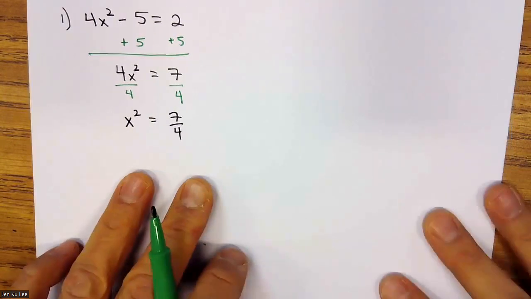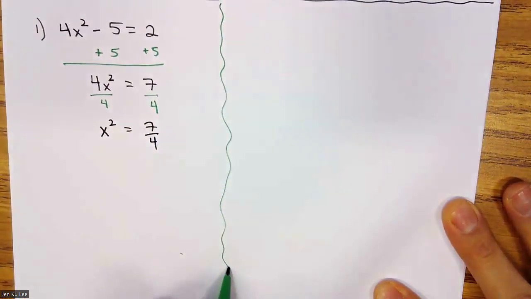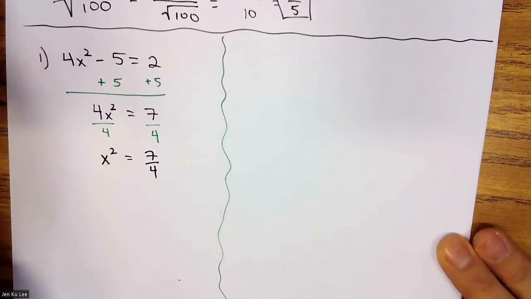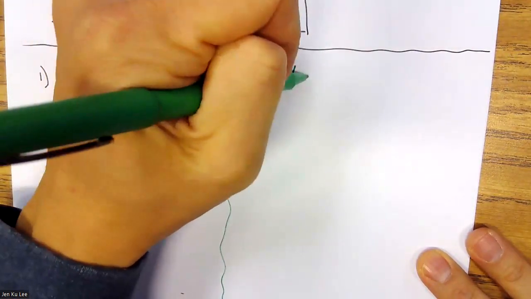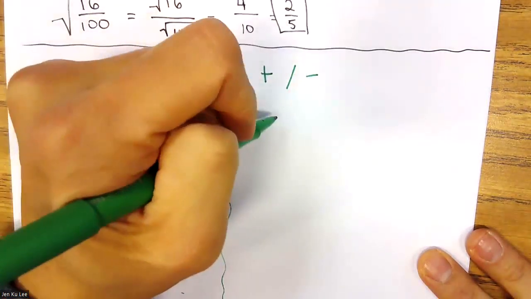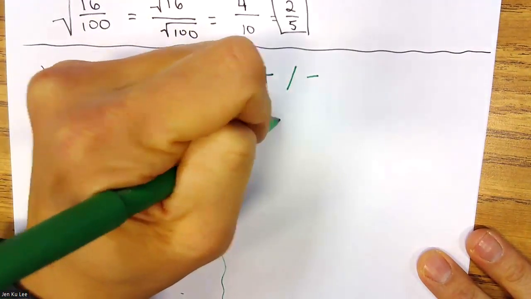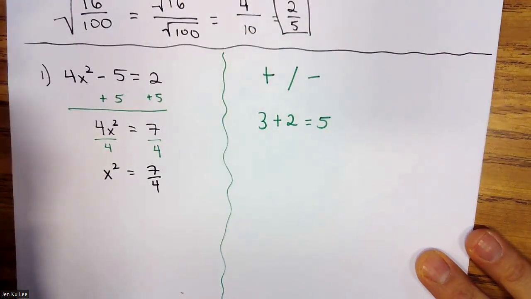We all know that. Let's talk about inverses for a little bit. Okay? We all know that the inverse operation to addition is subtraction, right? The reason for that is, let's say 3 plus 2 equals 5, right?